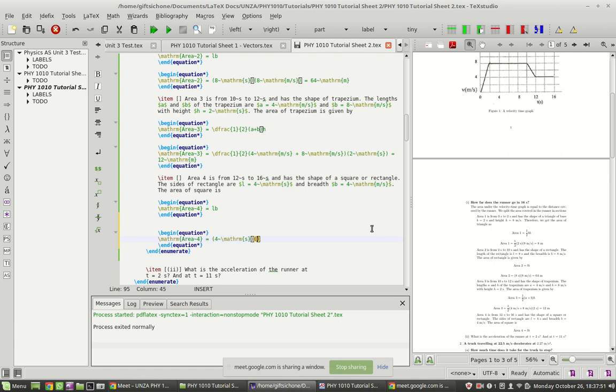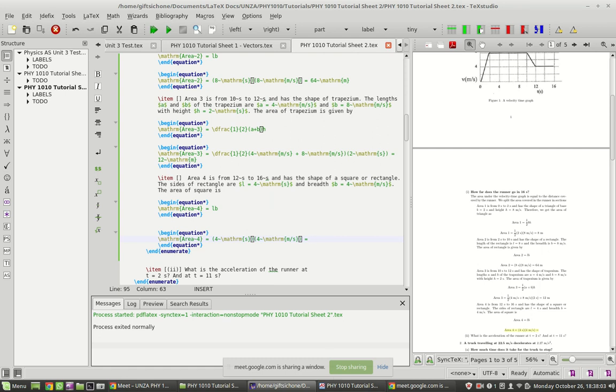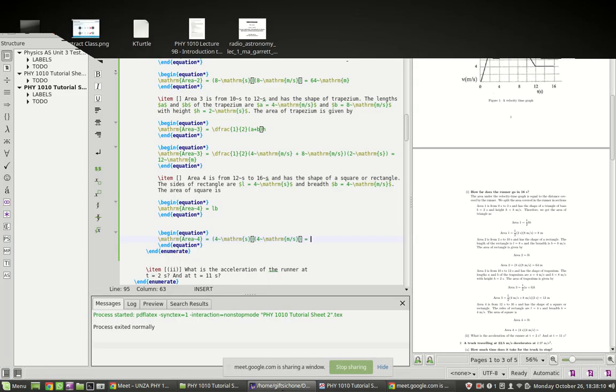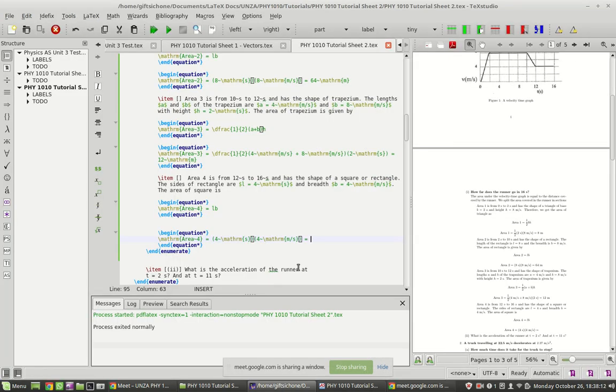Our B is 4 meters per second. 4 seconds times 4 meters per second, how much do you get? We're getting 16 meters.